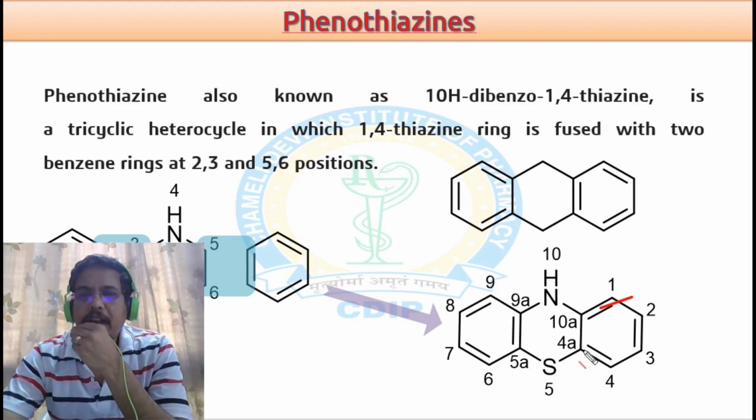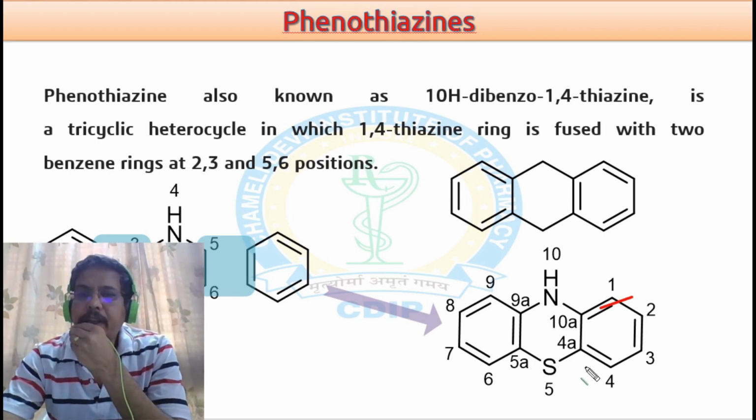Generally, on the fusion point, if the carbon is there, then we are not giving an integer number, but we are giving an alphanumeric number to this carbon.